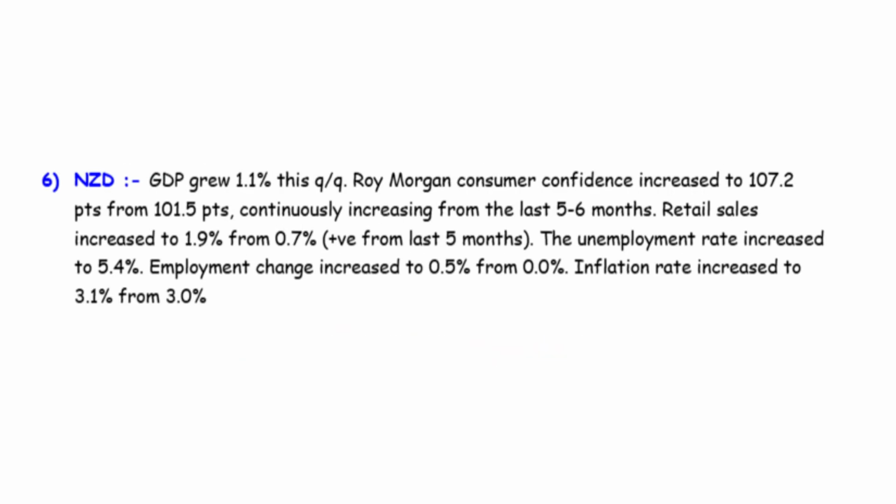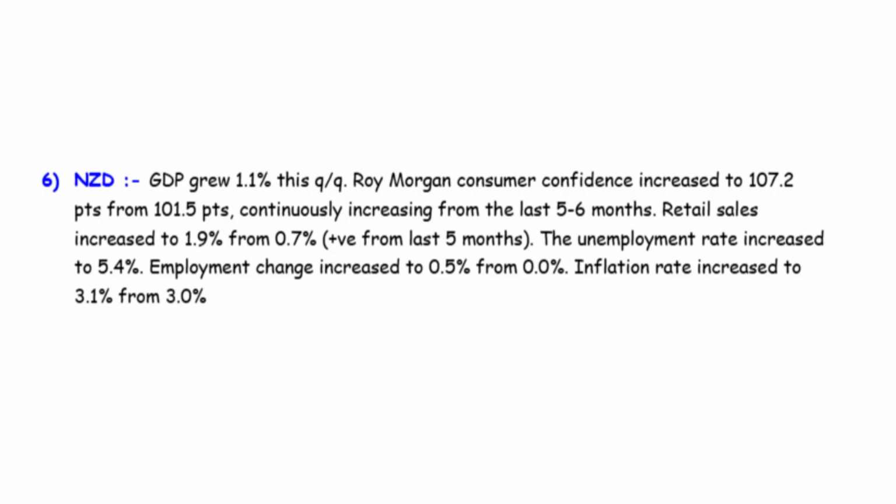Moving to New Zealand dollar. GDP grew 1.1% this quarter. Roy Morgan consumer confidence increased to 107.2 points from 101.5 points, continuously increasing from last 5 to 6 months. Retail sales increased to 1.9% from 0.7%, positive from last 5 months.